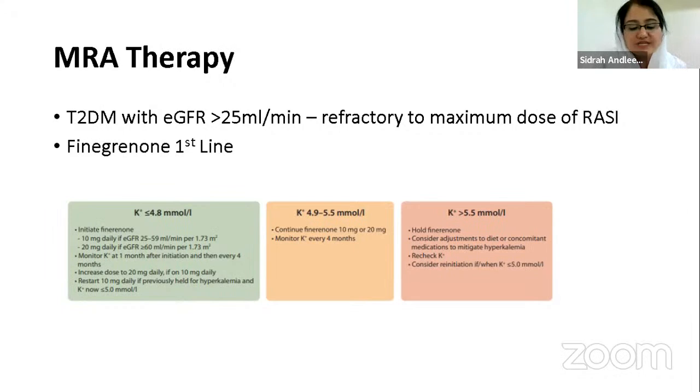So any patient with a stable potassium level, which is not varying, any patient with a GFR more than 25, and they could not control their blood pressure on an ACE inhibitor or an ARB, you add a mineralocorticoid receptor antagonist, right? I hope I'm not confusing everyone. Okay, right. So these are the guidelines we play around with in managing patients. Very important from a practice point of view.